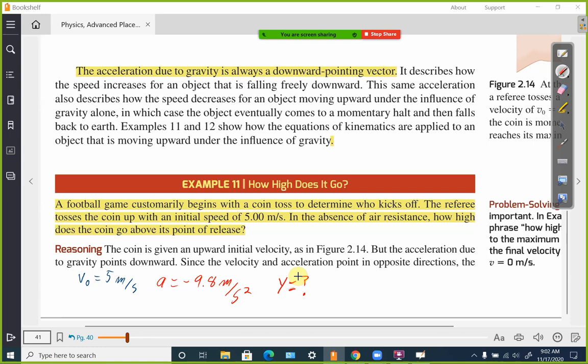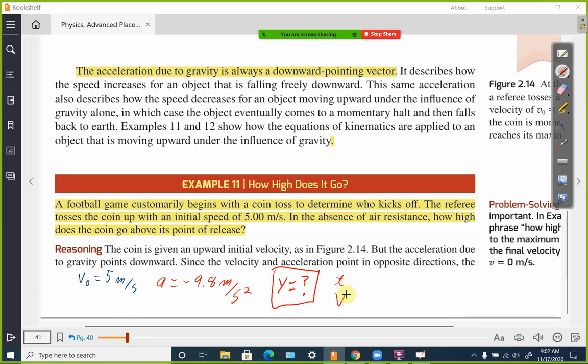We look through all of our equations, and after carefully studying it, we think to ourselves, well, none of the equations really work out perfectly, because I know I'm trying to solve for y, but all of them end up with too many unknown variables. All of them have t in it, and all of them have v in it.